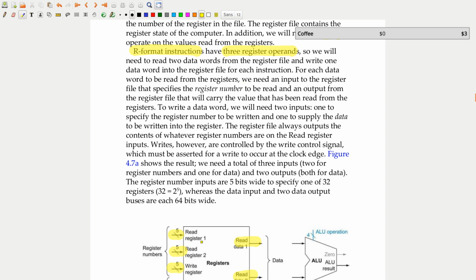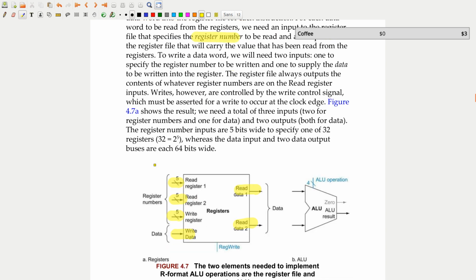Our inputs over here on these read and write registers are going to be the register number, and this is going to be decoded from whatever instruction comes in. It's also important to specify that these inputs are 5 bits, because we said that our instruction set has 32 registers.